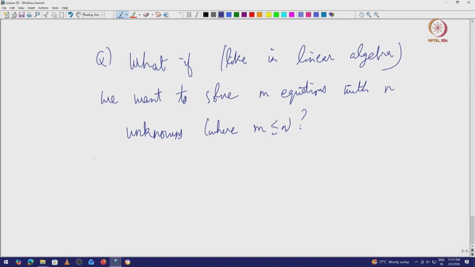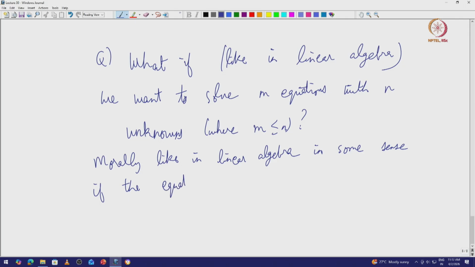So morally what we expect is, like in linear algebra, if the equations are independent of each other in some sense, then we ought to have n minus m free parameters at our disposal.